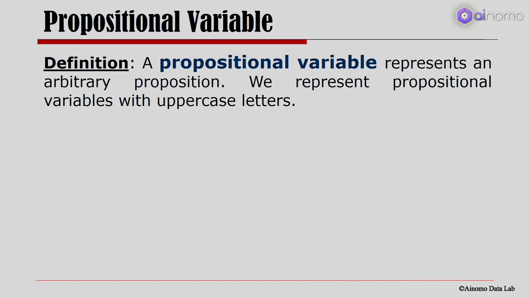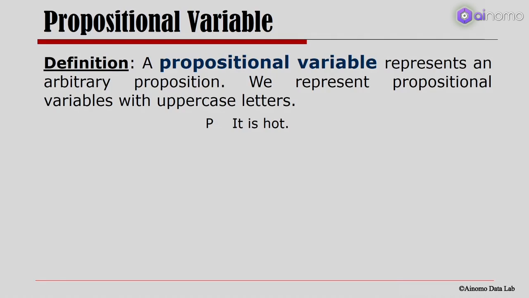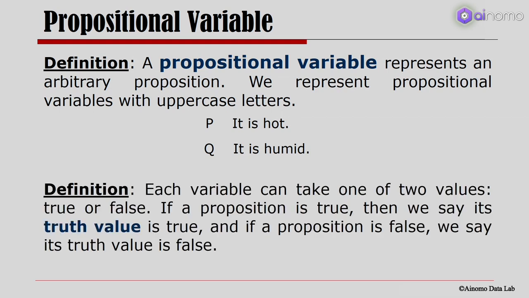Propositional variable represents an arbitrary proposition. We represent propositional variables with uppercase letters. Continuing our discussion about the weather today, we could use a variable symbol like P to represent it is hot and another variable symbol Q to say it is humid.